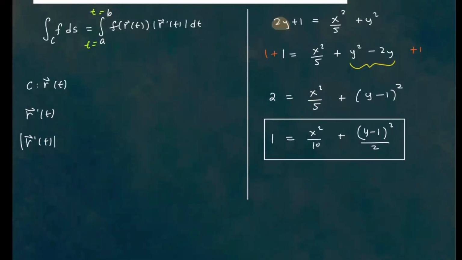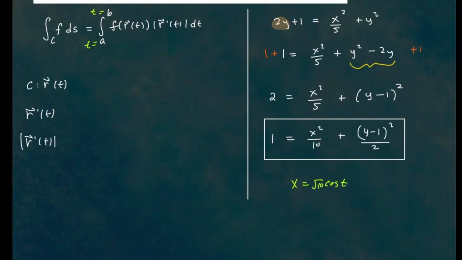So let's parameterize this curve. We know an ellipse is parameterized in the following form. You'll have x equal to r cosine t plus h. So we know the distance along the x-axis is going to be square root of 10, because you want to write this as some a squared. So I'm going to simply put that as square root of 10.